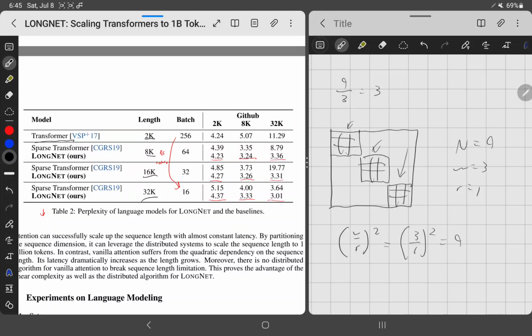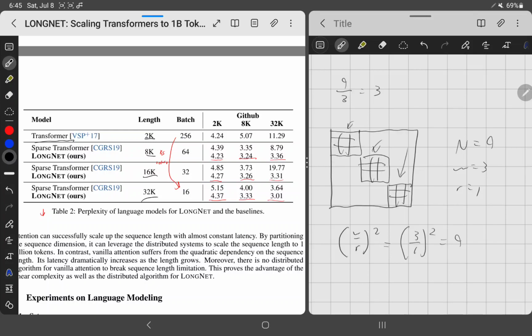The sparse transformer may be able to look at all 32,000 tokens, but it's not very expressive in how it can use those. While the LongNet, this transformer, can actually use all 32,000 tokens, or at least it can use 32,000 tokens better than the sparse transformer.